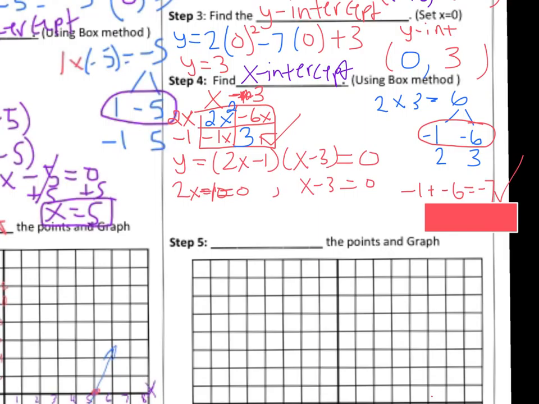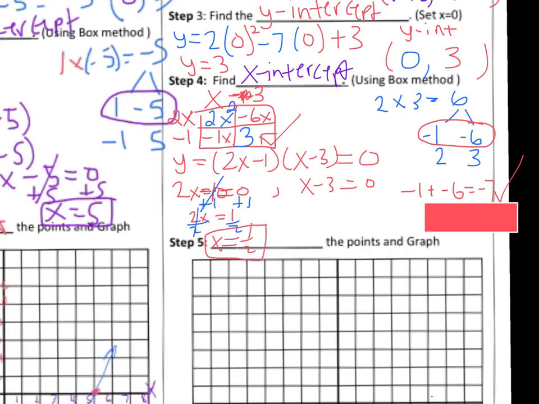Alright, so to solve the one on the left, I'm going to add 1 on both sides. The ones on the left cancel, and we're left with 2x is equal to 1. I'm going to divide by 2 on both sides, and that cancels. And now x is equal to 1/2.